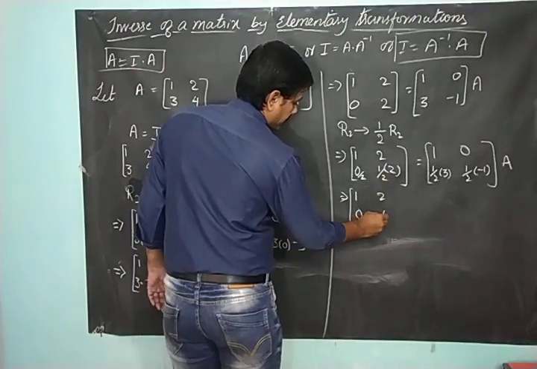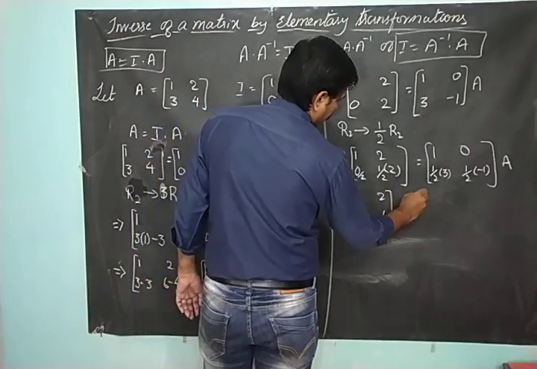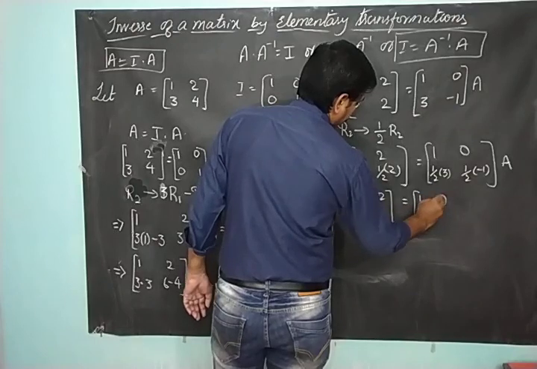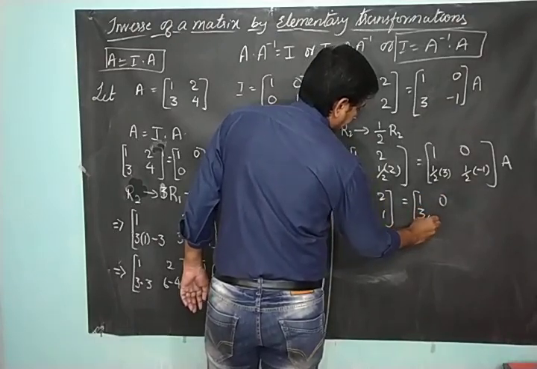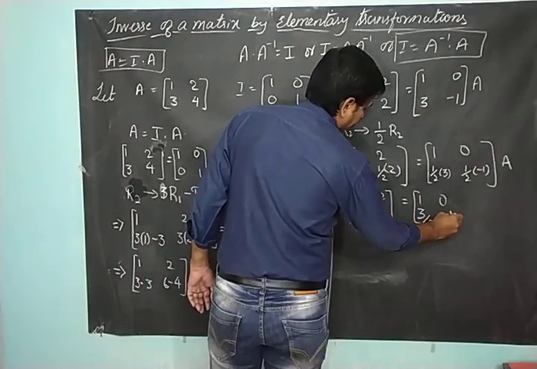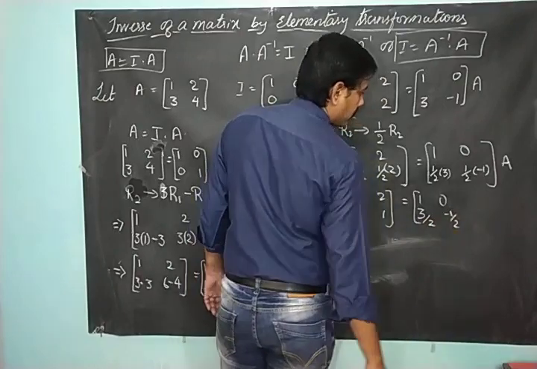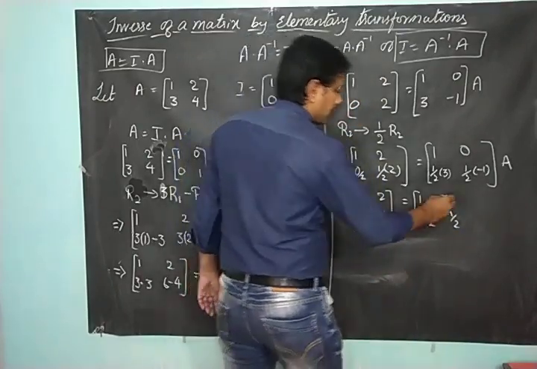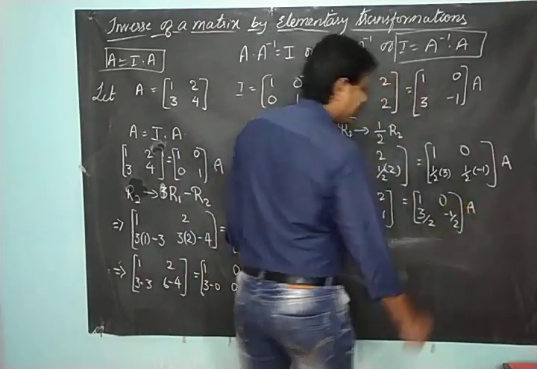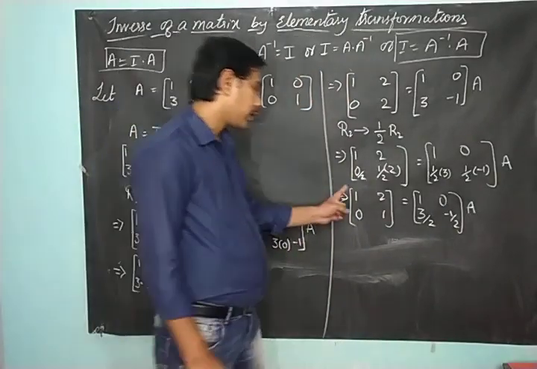This is 0, this is 1. So here we will get 1, 0, 3 by 2, and minus 1 by 2, A. Okay, so we got 1 and 1.